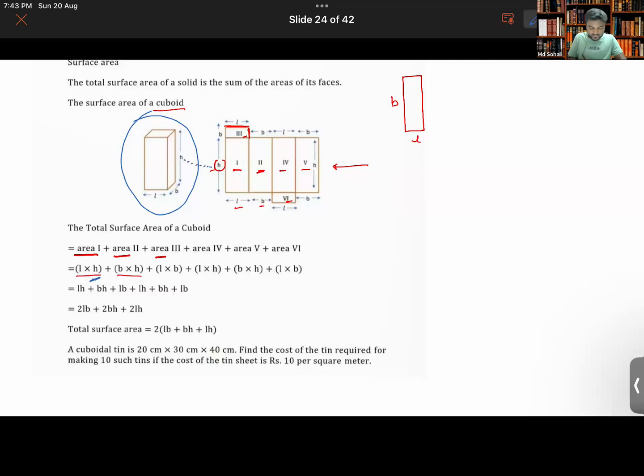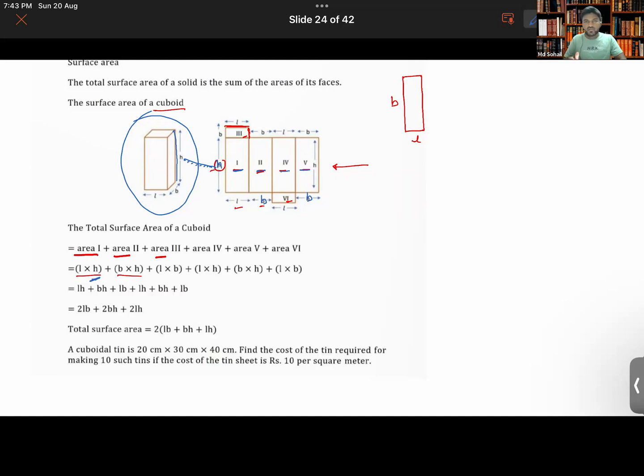Look at this. We are talking about this now. So this will be height in each case, for figure number 1, 2, 4, and 5. The breadths are given here. And look at this here.